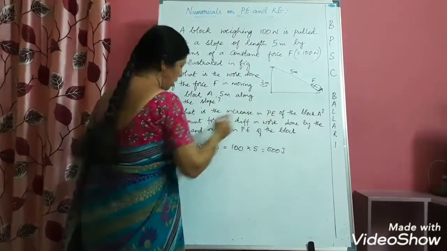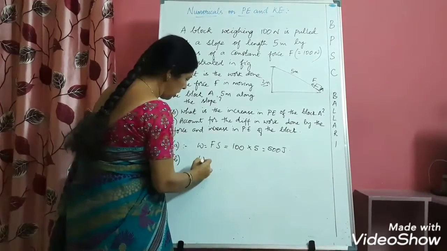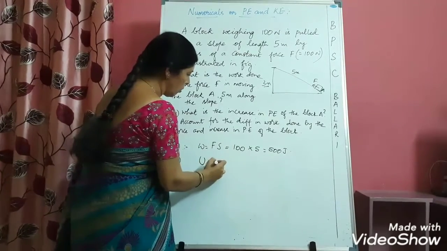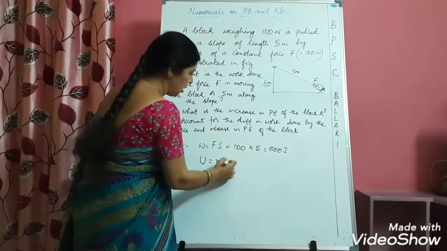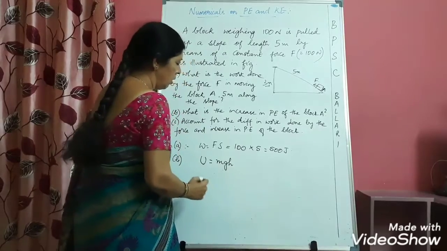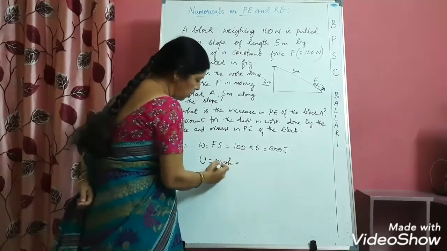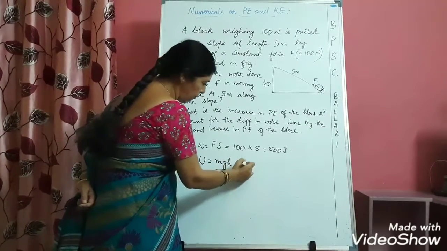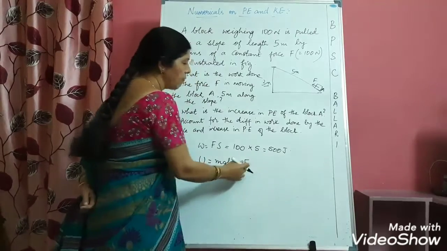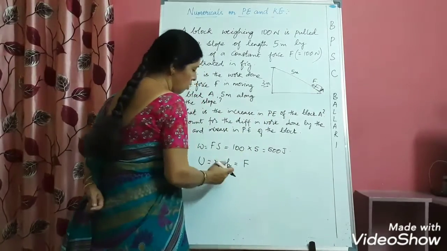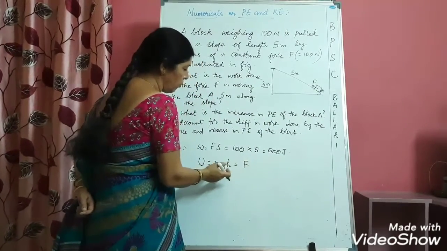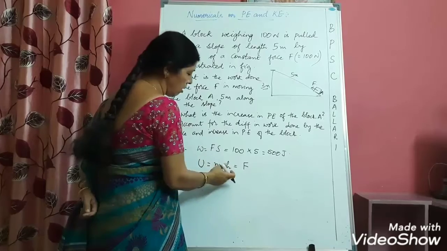So you have to calculate the gravitational potential energy, that is given by U is equal to mgh. Now here in this formula, mg is nothing but F, and F is already provided for us. So you need not go searching for mass or gravity.